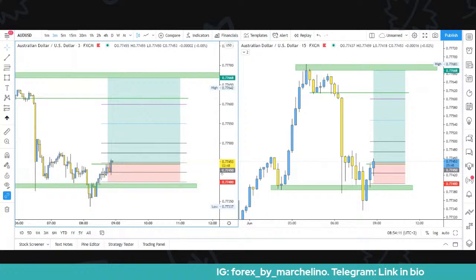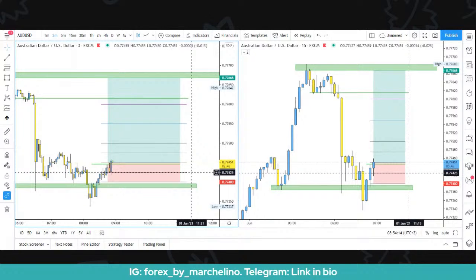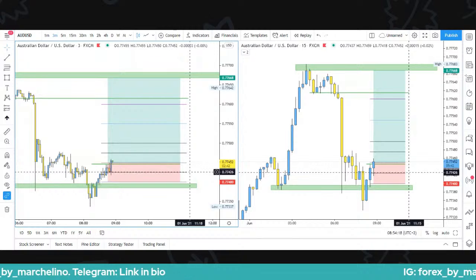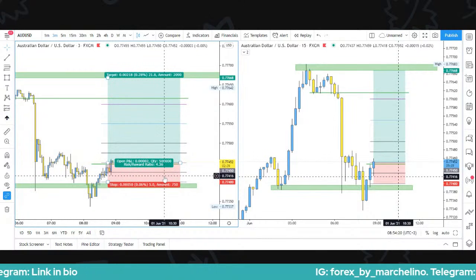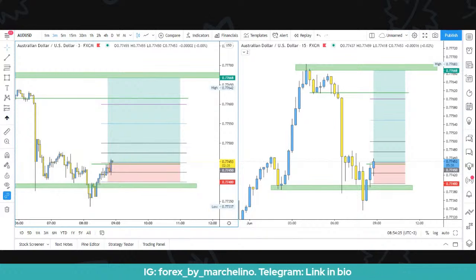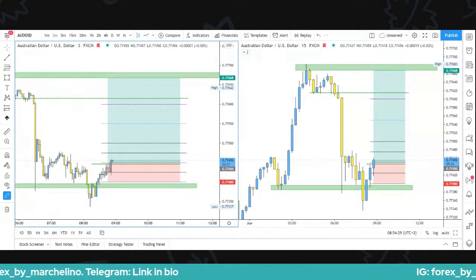I have a mental stop on AUD at, let's just say, half of my stop loss. My stop loss is 5 pips, so 2.5 pips is my mental stop loss. I'll be watching AUD on MetaTrader.